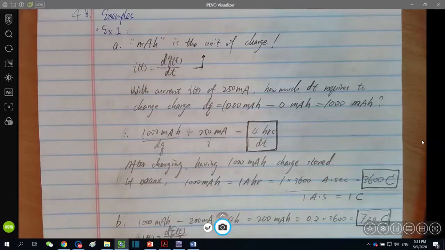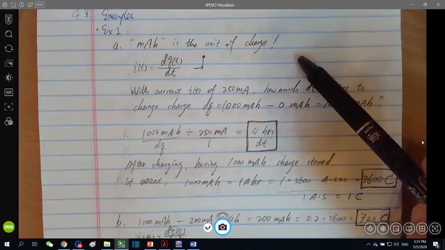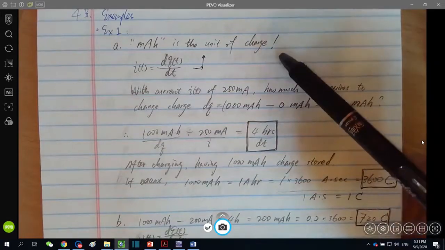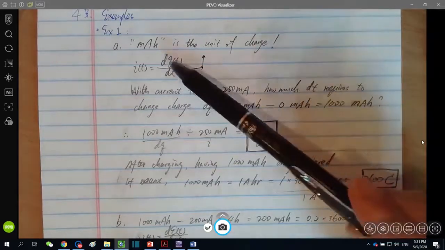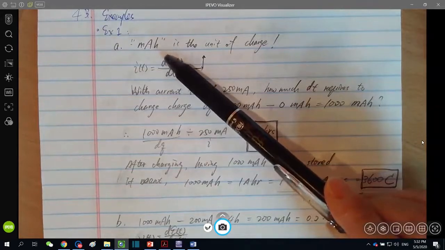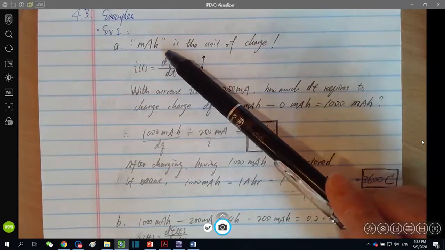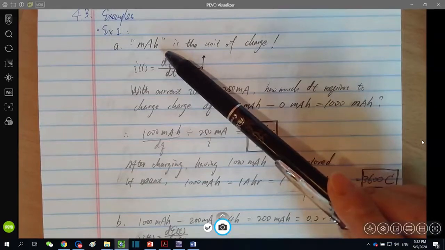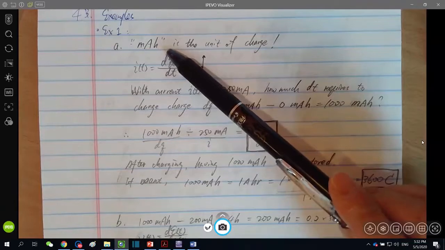Anyway, example 1. What we are seeing here is that it is mentioning 1000 milliampere hour. I believe the first thing we have to figure out is what milliampere hour is talking about. Remember in the video I mentioned the unit of a quantity is not only telling you the magnitude or size, but also telling you what this quantity is.